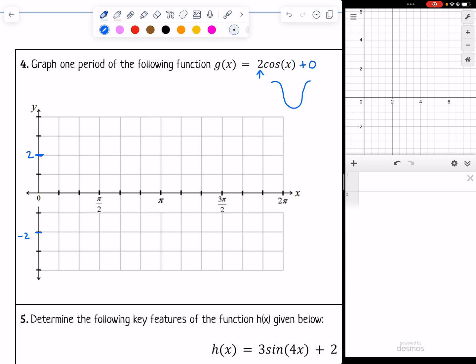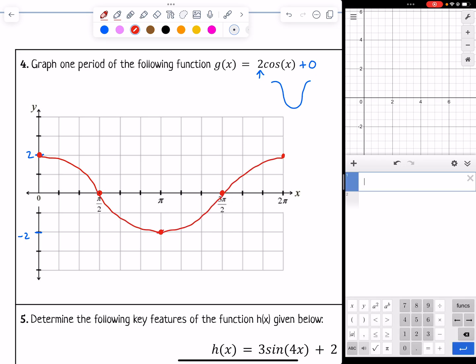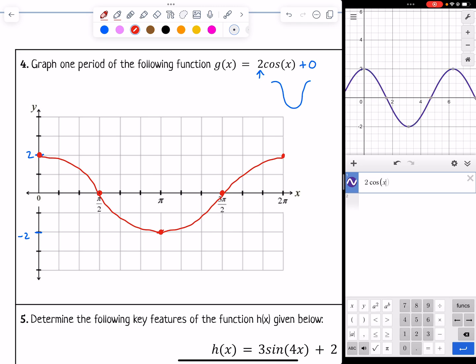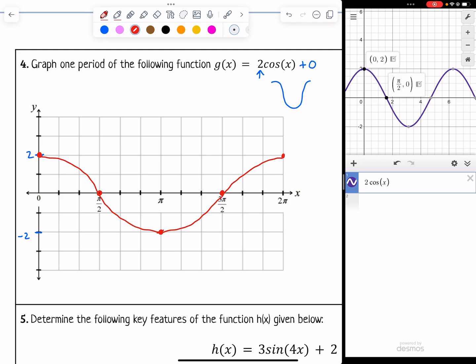So I'm going to start at 2 because it's positive. I'm going to go to 0, then to -2, back to 0, and then up to 2, and then just draw that U-shaped graph. And then if I want to look at it with Desmos, I can. So I can type 2 cosine of x, and then it'll show you the same thing that I just plotted by hand.